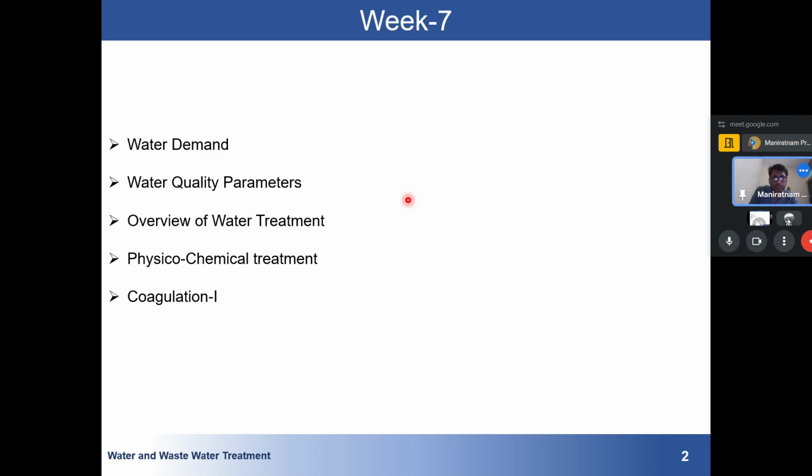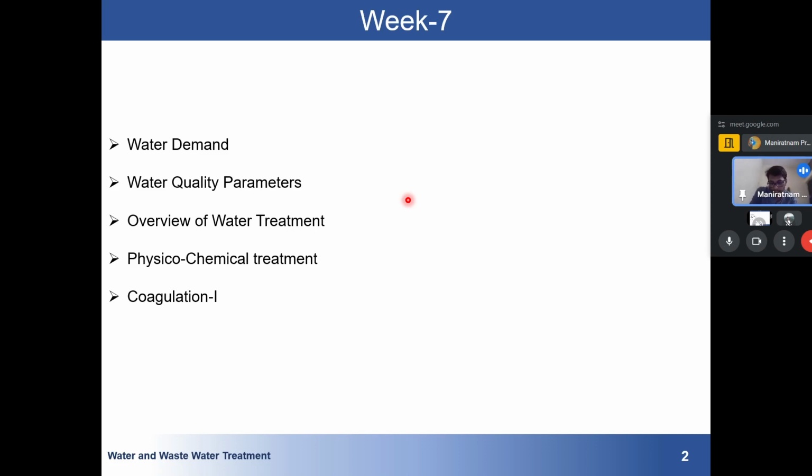In India that is checked by the IS code, the Indian Standard made by BIS, the Bureau of Indian Standards, and the name of the code is 10500 2012.